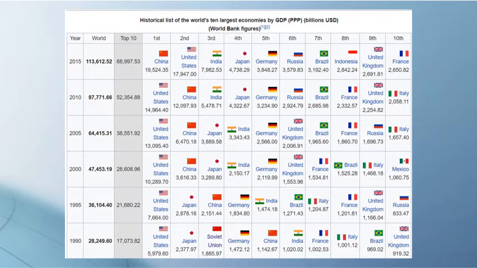So if you compare the GDPs in terms of how much stuff China can buy in China and how much stuff the US can buy in the US, so this is called comparing purchasing power parity. So comparing their purchasing power, because China's prices are so much lower, their economy became the largest in the world, with the US in second place in 2015, if you are comparing purchasing power parity.